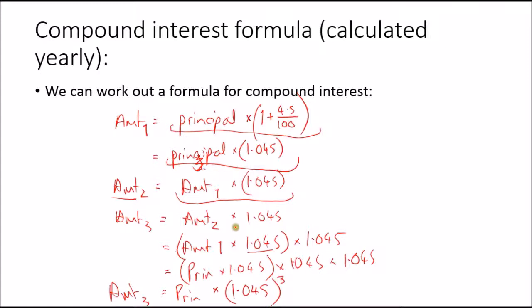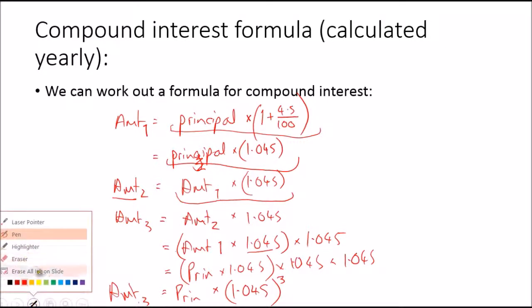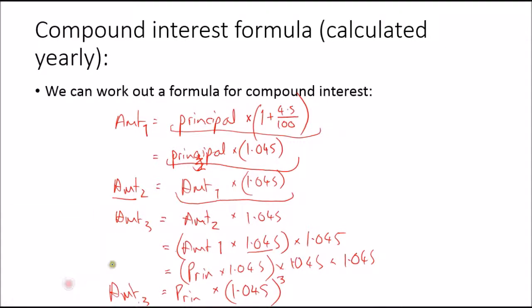Now, if I was to do this a fourth year, all I'd be doing is multiplying my amount by 1.045 again, so it would become to the power of 4. So we end up with a general formula for compound interest. Now I'll just change my pen colour so that it looks official or something like that. I'm going to write it over here.